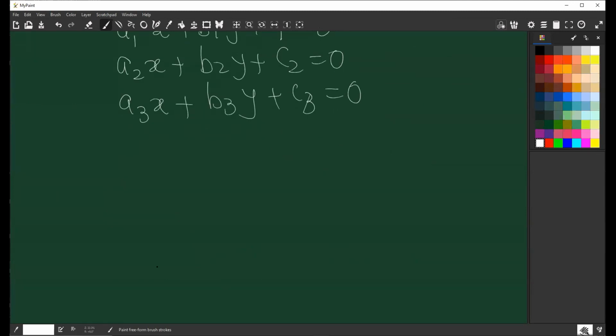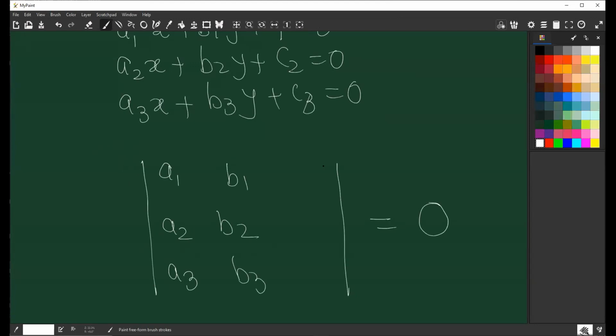So, अगर ये lines concurrent हैं, means ये 3 equations consistent हैं, so this value of the determinant, sooner or later you are going to learn this. पहला x का column है, A1, A2, A3, B1, B2, B3, C1, C2, C3. Just remember now, I am just showing you. This value of the determinant will be 0 if the lines are concurrent. Is that clear? Just keep in mind.